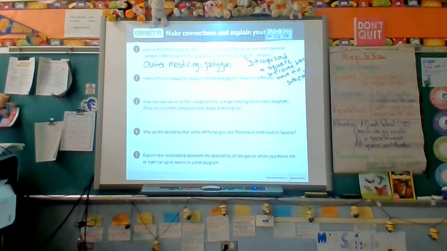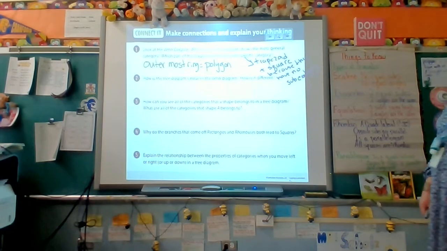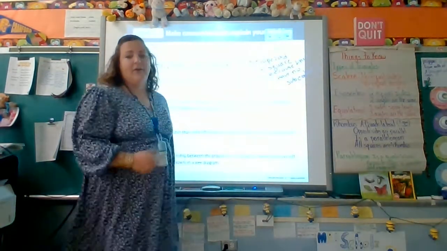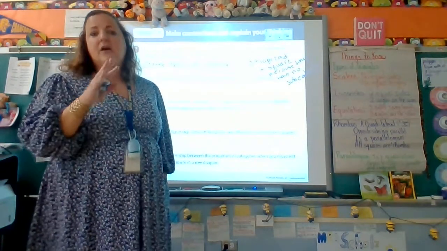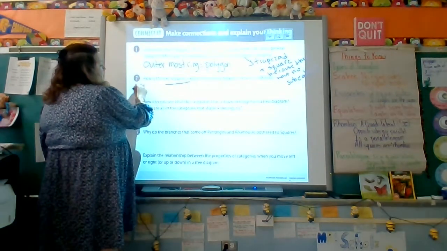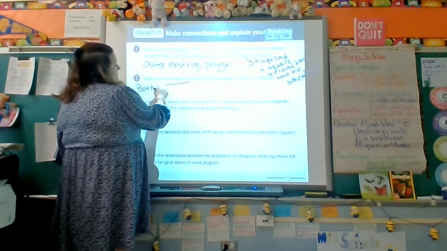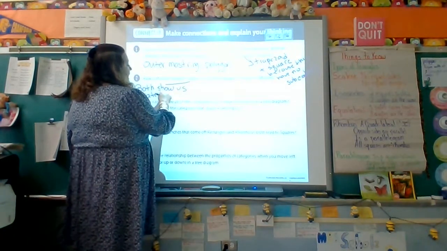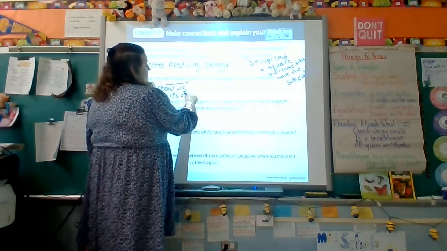Okay. So now for number 2, it says, how is the tree diagram similar to the Venn diagram, and how is it different? Well, the whole point of doing this is to show the hierarchy of categories. So they're similar, both show us categories of the shapes, okay?